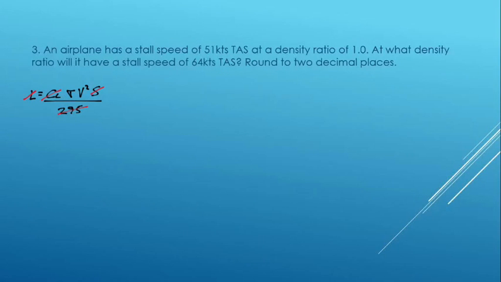Okay, for this problem, we're wanting to find a particular density ratio. So we set it up in the same way. The two parts of the lift formula that we need are density ratio and velocity. Again, we wind up with an original condition and a next condition. In the next condition, we have one unknown.